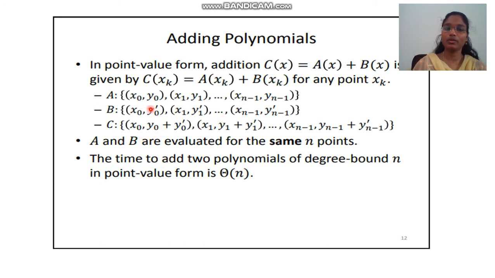The only thing we are doing is adding these two y values: y0 plus y0 dash, then x1 comma y1 plus y1 dash, then xn minus 1 comma yn minus 1 plus yn minus 1 dash. So when we are adding two polynomials of degree bound n in point value form, the time taken will be theta of n.